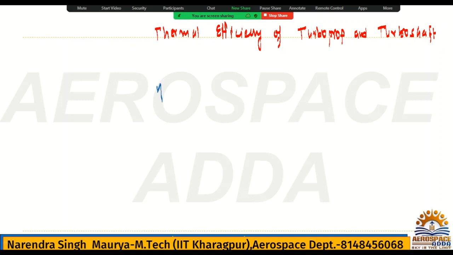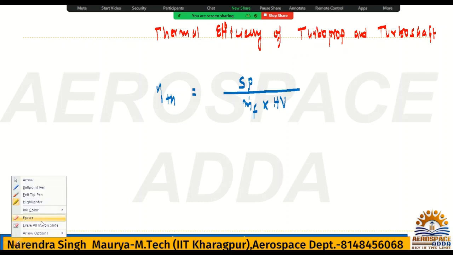The formula will be thermal efficiency is equal to SP divided by m dot f into heat value.